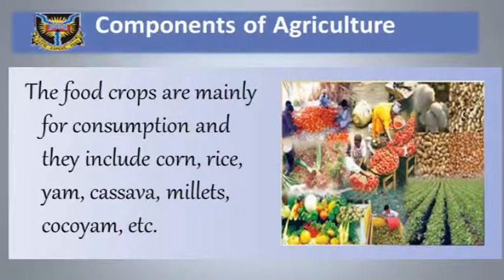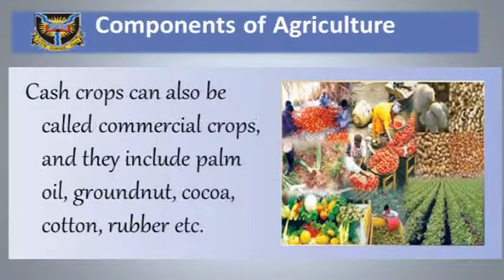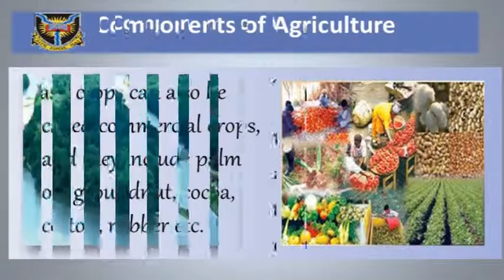The food crops are mainly for consumption, and they include corn, rice, yam, cassava, millet, cocoyam, etc. Cash crops can also be called commercial crops, and they include palm oil, groundnut, cocoa, cotton, rubber, and so on.